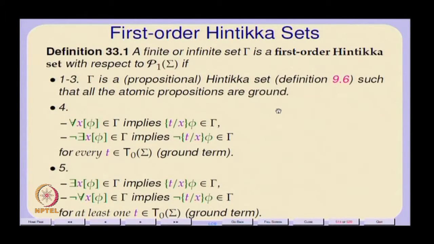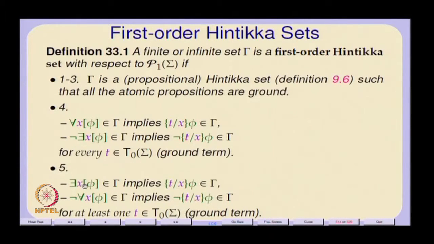Then you have the quantifier rules, which say that for any universal quantifier or negation of existential quantifier, every ground term instantiation that is possible should be included in the set.